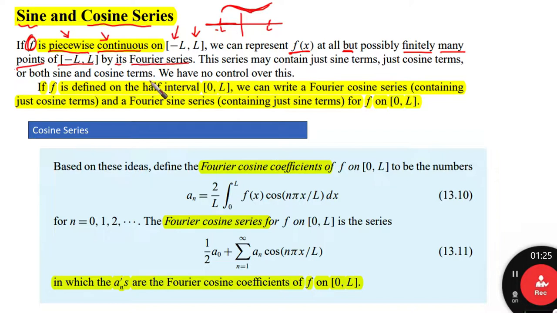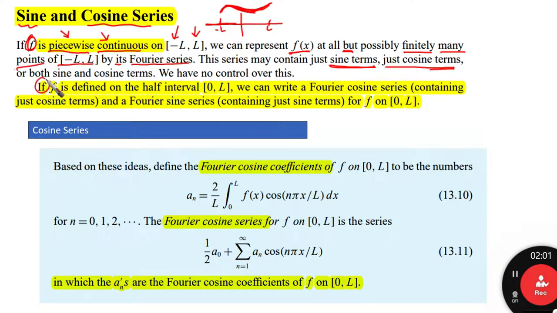This series may contain just sine terms, just cosine terms, or both sine and cosine terms, because when we make the Fourier series expansion for this function, it might happen that we have sine terms only, or cosine terms only, or maybe both of them. So we have no control of this.